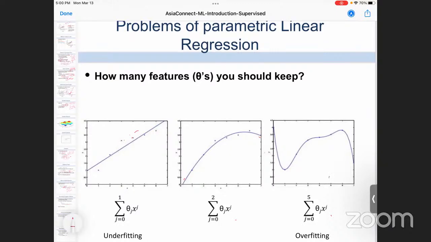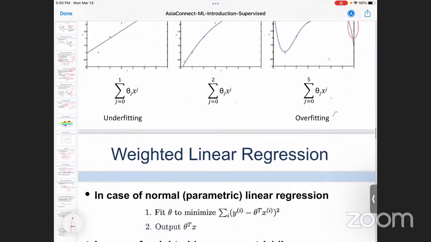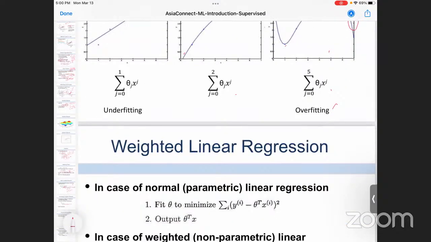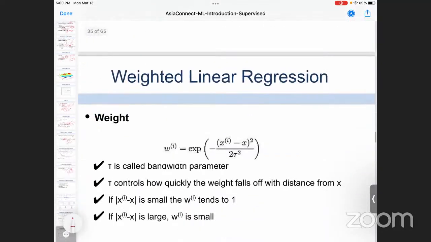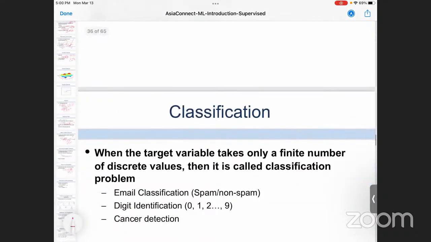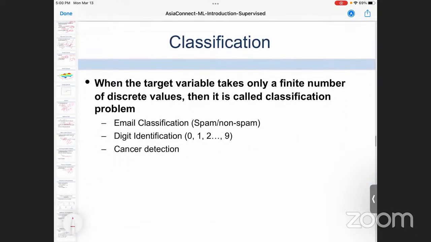But here, it seems overfit, it just goes through every training example. If a new training example comes here, you will find a large error. This is called overfitting. To avoid this, sometimes we use locally weighted linear regression. Just to give you an idea. I'm keeping these details short because I don't have much time. Then I'll move to classification.